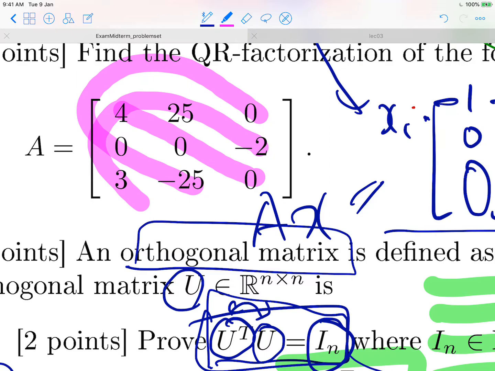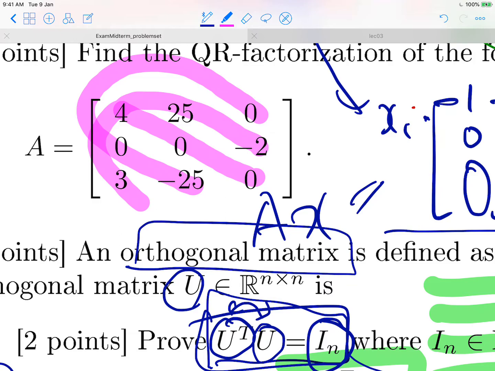So again, 4 times 0 times 0, we compute that product, and 0 times -25 times 0, which is 0, and we compute the product of these 3 numbers, 3 times 25 and -2. We just multiply these 3 numbers, and then we add these three products together.